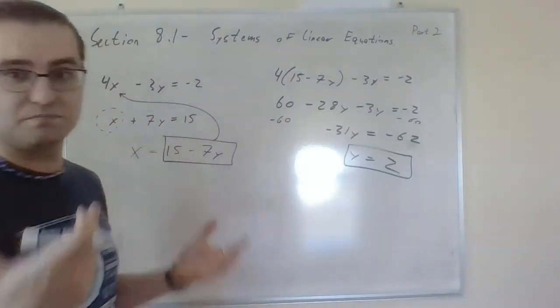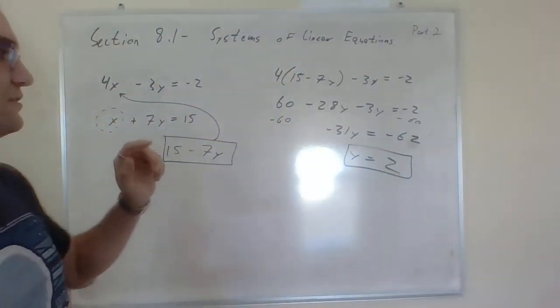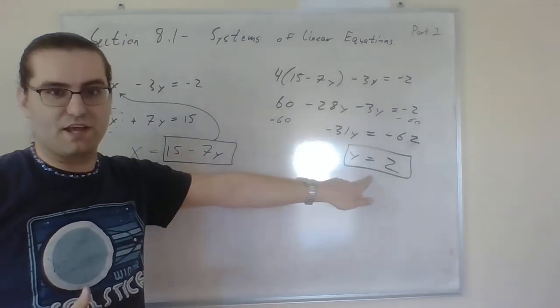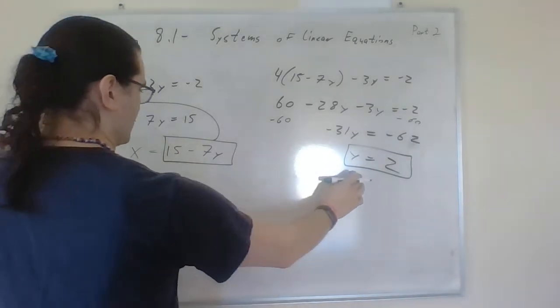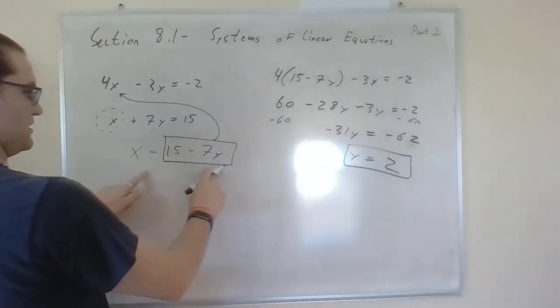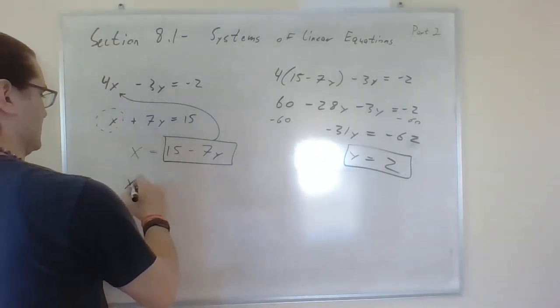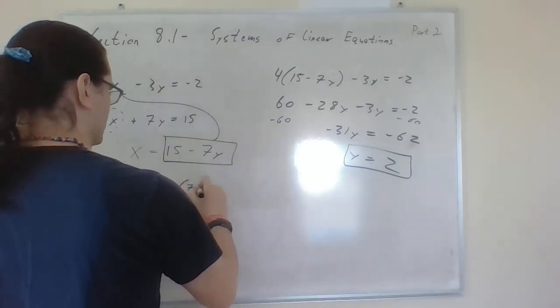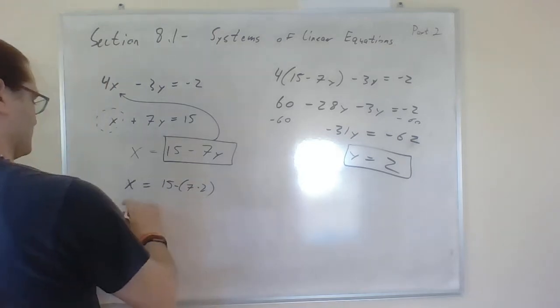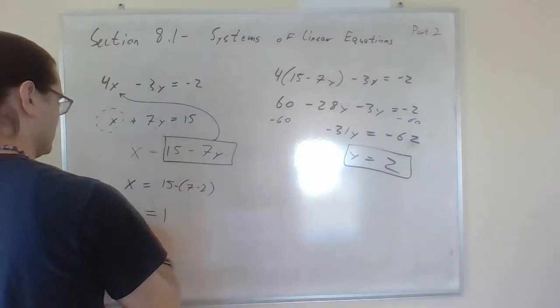And again, you have to be very careful to make sure that you don't get your one answer and put a box around it and say you're done. You need to go back and check things. I can plug this into, I'll just plug it into this one. X equals 15 minus 7 times 2. That's 15 minus 14. So according to that, x is 1.